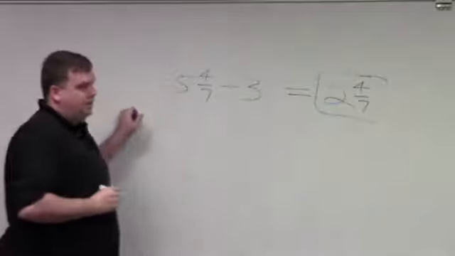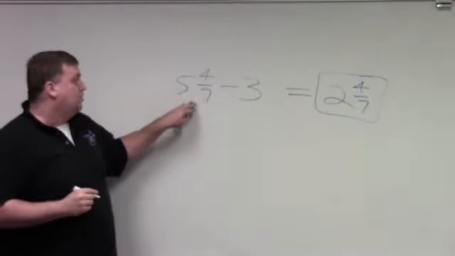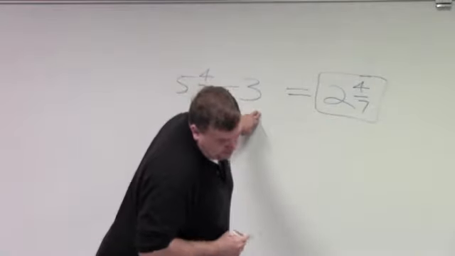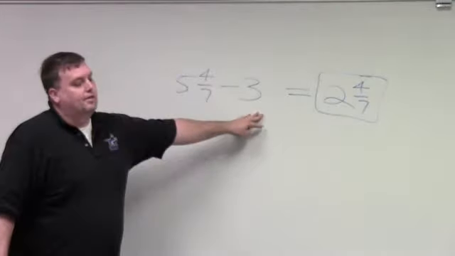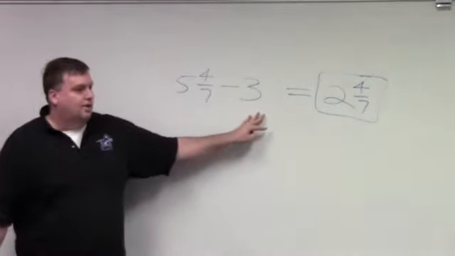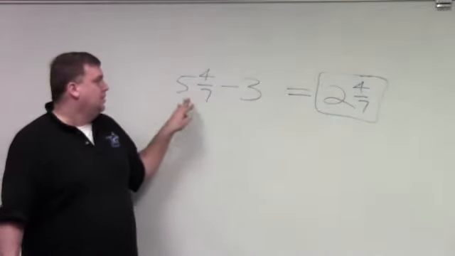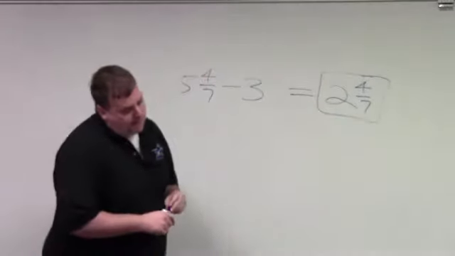So there's a shortcut that we can use. It doesn't work the other way, and we'll see that. If it was a whole number minus a mixed number, like the problem 9 minus 2 and 7/10 further down the page, we can't do that easy subtraction. We'll see why. But if you ever have a mixed number minus a whole number, subtract the whole numbers, carry that fraction, you're good to go.